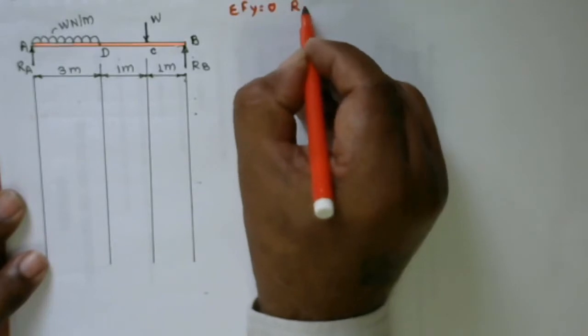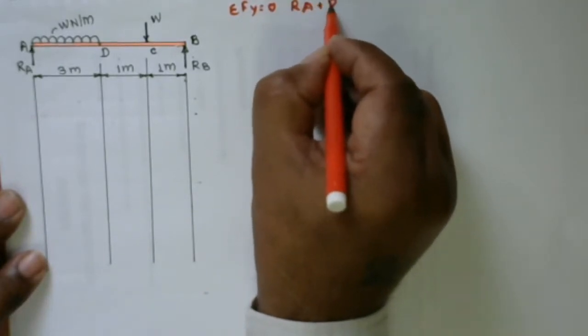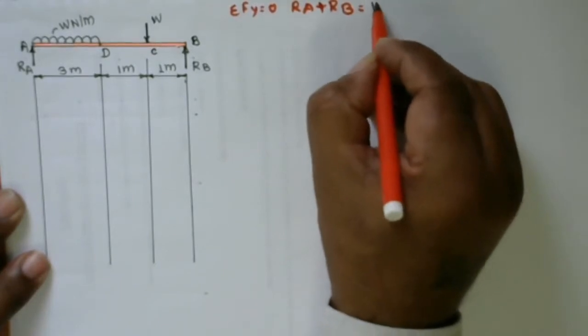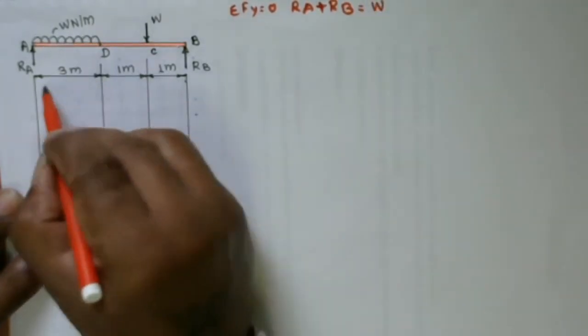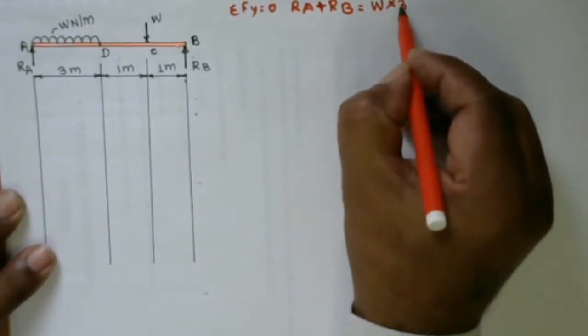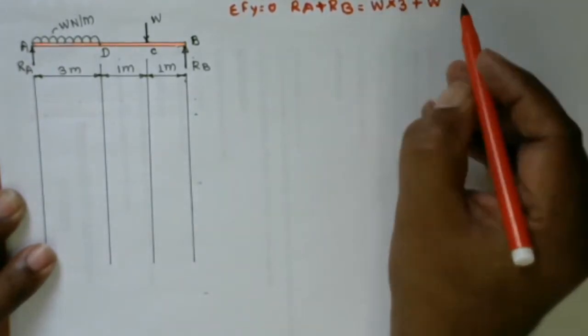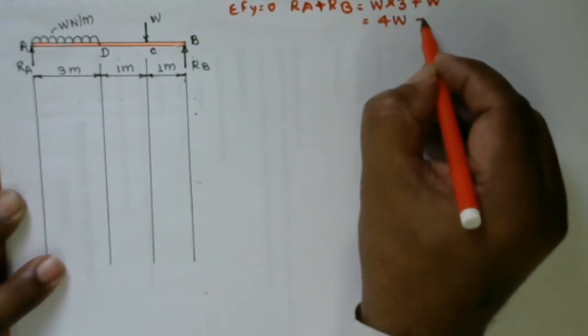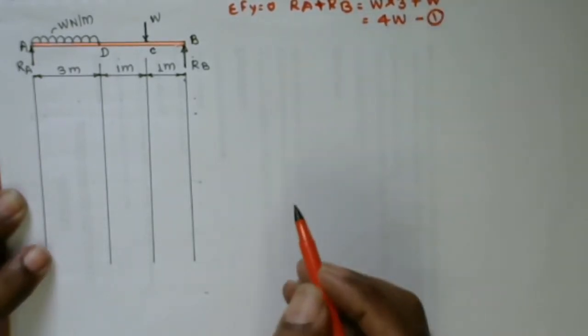So RA plus RB is equal to, you may write, W is the rate, span is 3 and another W. So it becomes RA plus RB is equal to 4W, say equation number 1.